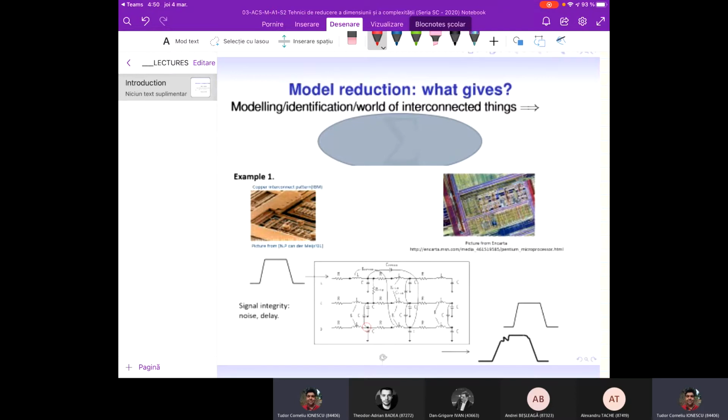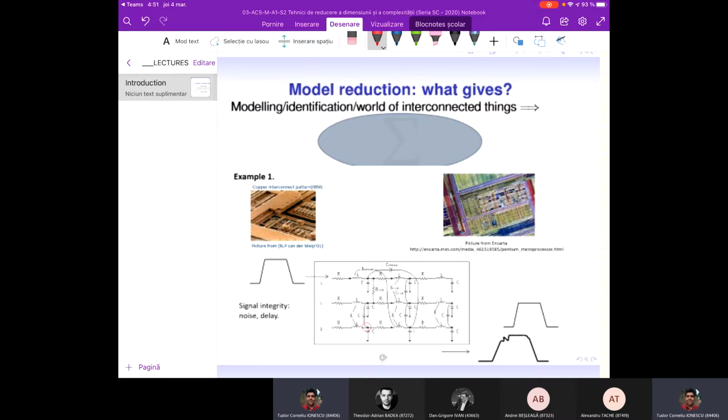Because, as I just told you, even if we have subsystems with simple mathematical models, once you interconnect them, the resulting model is most likely very complex, and you're unable to perform anything on it.